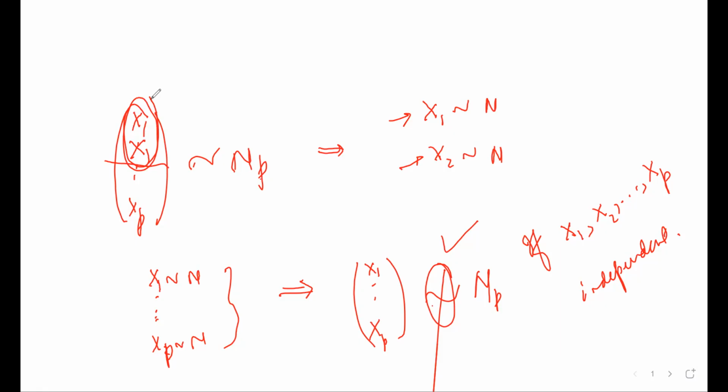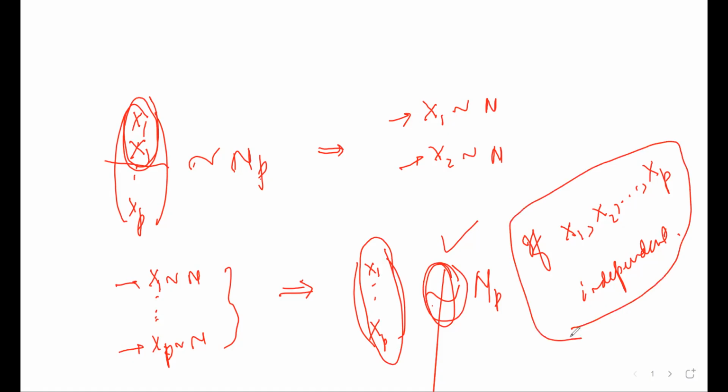But if we have separate multivariate normals or univariate normals, we can create another multivariate normal by putting them together only if those are independent, right? These components must be independent to have an overall multivariate vector. Is that clear? What this property 5 says and how that relates with the remark in property 1.